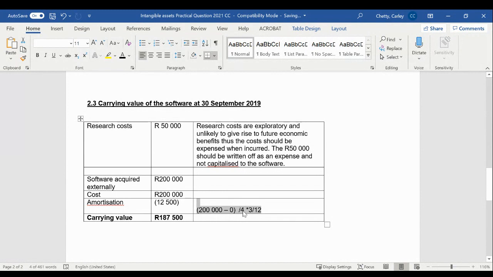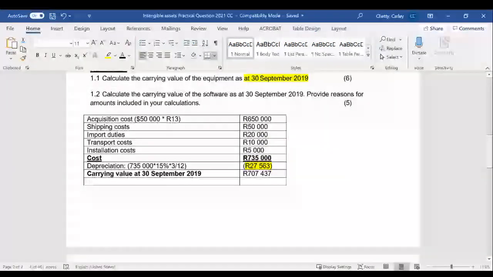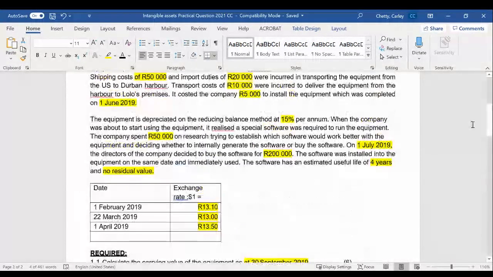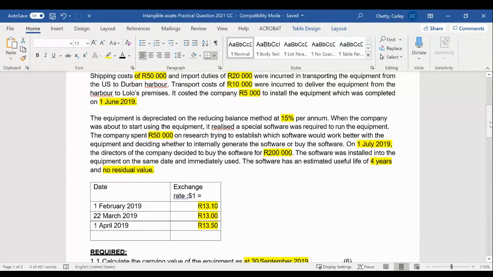But we cannot stop there because the software was only in use for 3 months of the year. The software was installed into the equipment on the same day and used immediately, okay? So the directors bought the software on the 1st of July, installed it, and used it immediately.